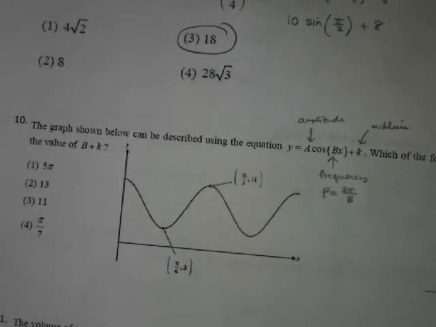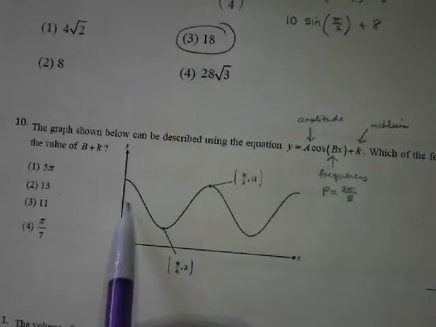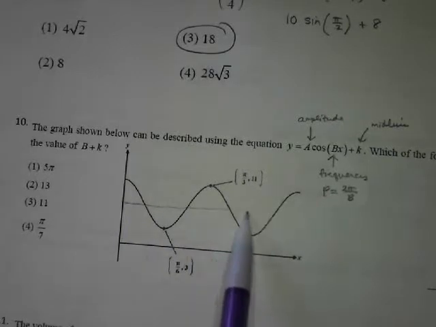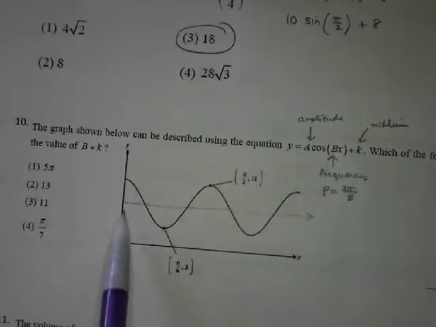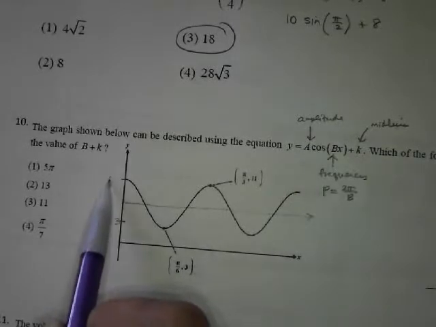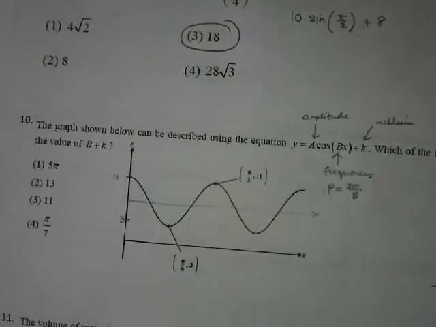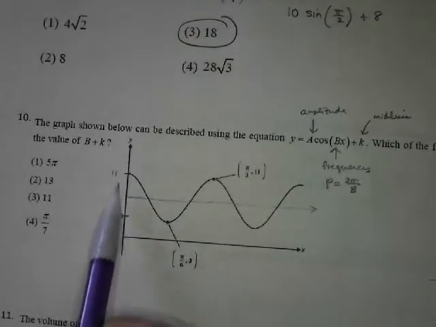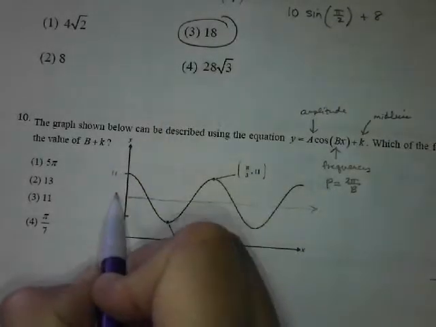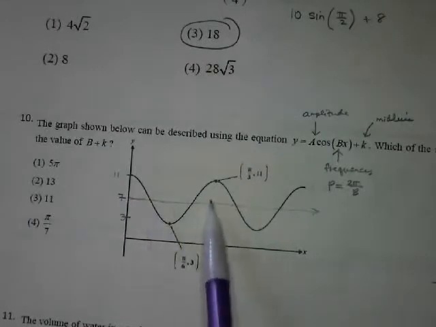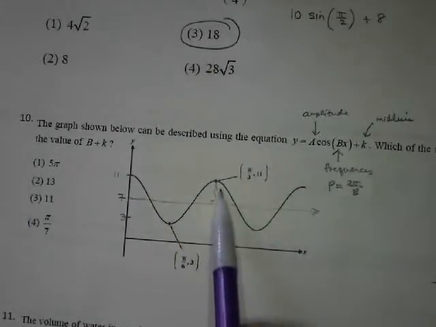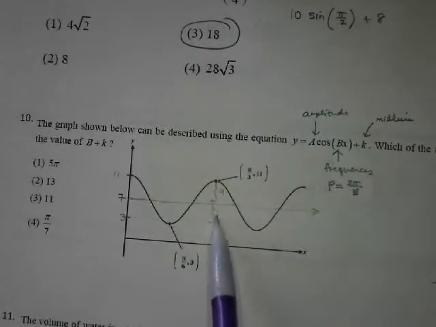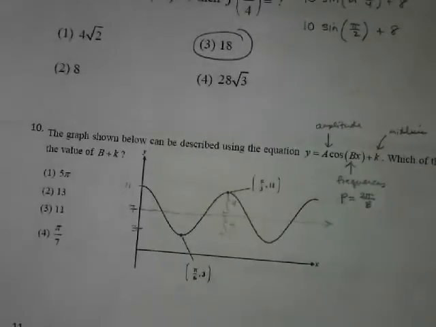Yeah, because your midline has to go down the middle. Makes sense. And so if we're at 3 on the minimum and 11 on the maximum, halfway in between there is going to be 4 units above and 4 units below. So it'll be at 7. So this is 4 units above 7, and this is 4 units below 7. So your amplitude is 4.